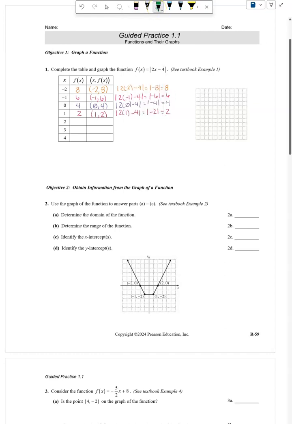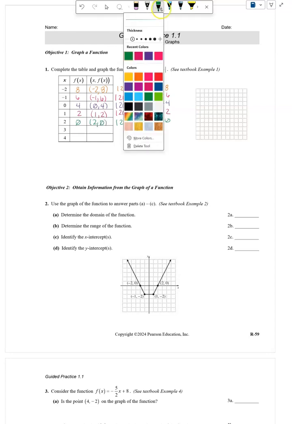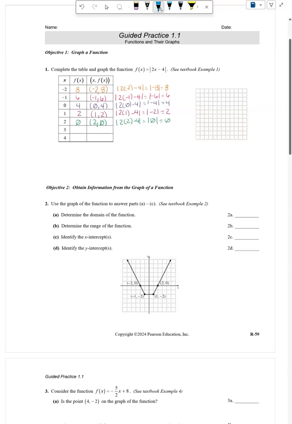So again, we're going to have absolute value of 2 times 2 minus 4, absolute value of 0, which is just 0. Absolute value of 2 times 3 minus 4 gives us the absolute value of 2, which equals 2. So we have 3, 2.